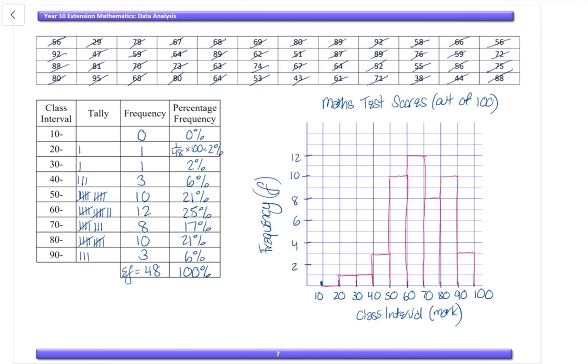Okay, so if you were talking about the distribution of this, you could say we've got a few scores, some low scores there, and they're on the negative end, so we would say it's negatively skewed.